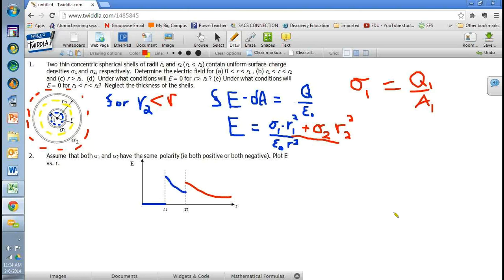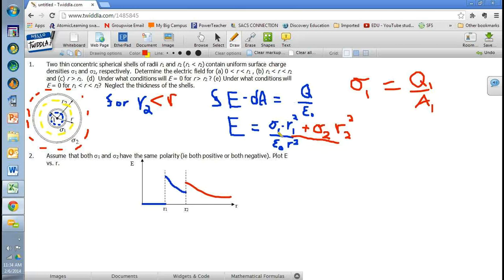Any questions on that? In order for the total charge of the thing to be zero, would the charge density for sigma 1 and sigma 2 have to be different? I think that was Ben in the background. Okay, let's say the total charge enclosed was 0.